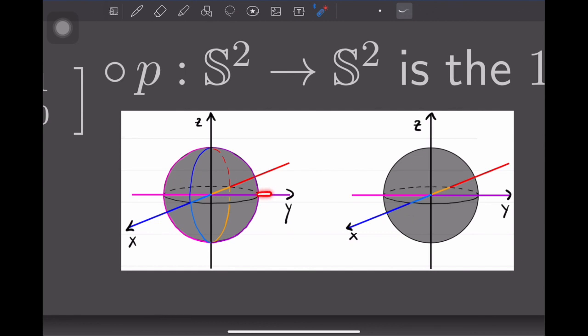Let's say just this quarter of circle, going this way, goes to this, going to infinity. When I invert this, I start at minus i, but I tend to 0.